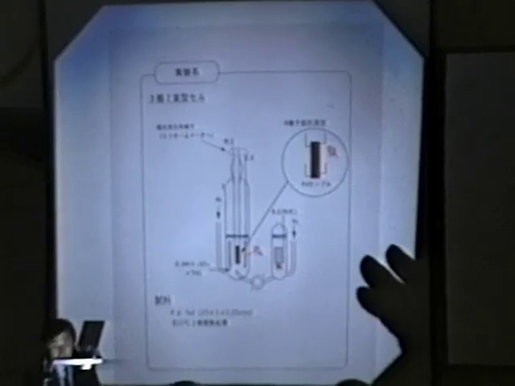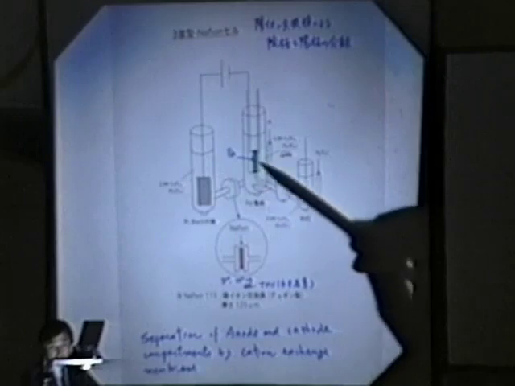So we had to modify our cell to overcome this problem by employing a cation exchange membrane between the anode compartment and the cathode compartment. This cation exchange membrane, which is Nafion 115 in this case, is supposed to conduct protons, but it does not allow thiourea to permeate through the membrane. So in this way, we can study the effect of thiourea.